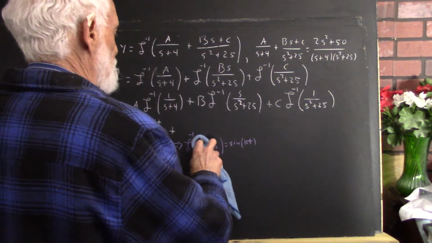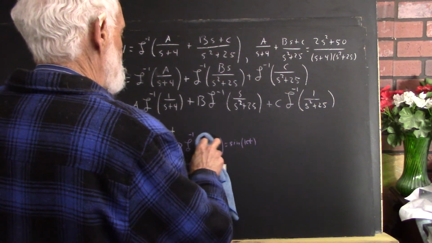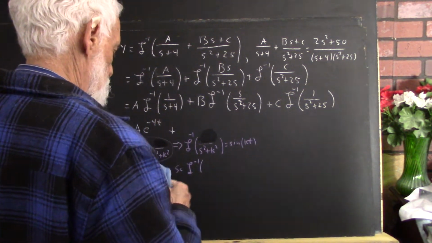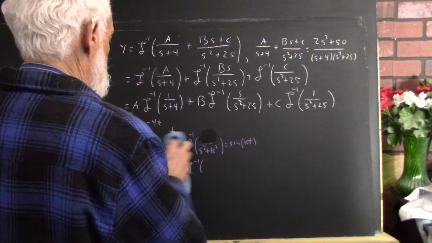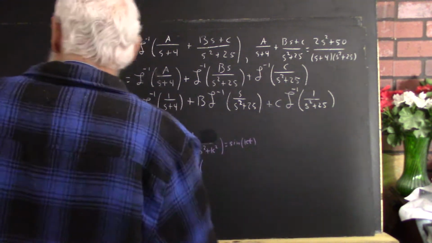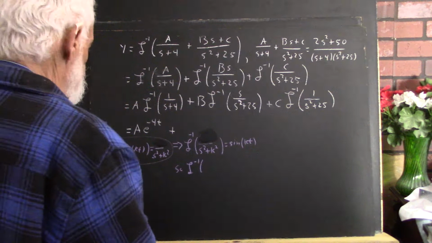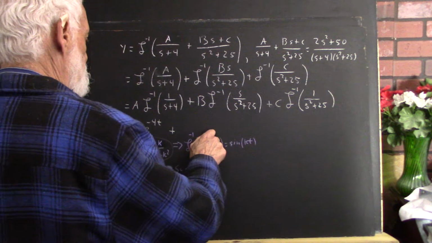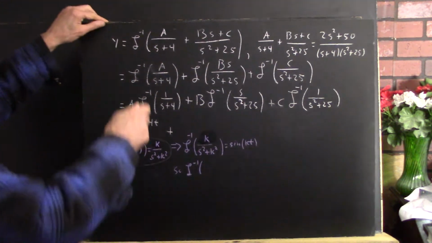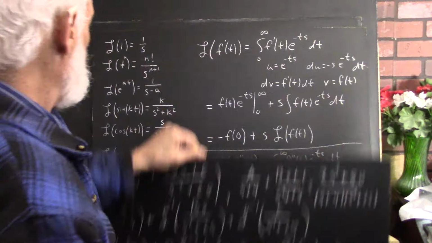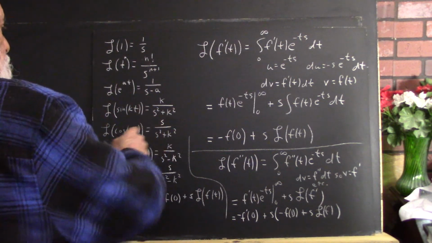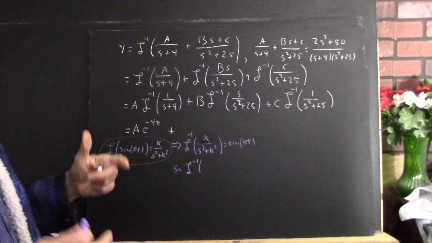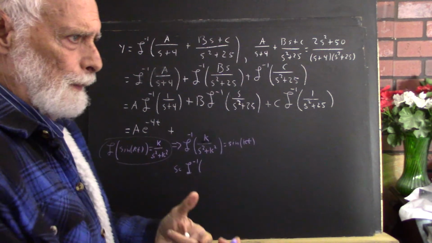I said it right a minute ago, just not keeping my mind clear enough to write it down correctly. Okay, let's see if we've got it right. There we have it. And if it's a cosine, the s goes there, for reasons that are clear if you remember the steps of the derivation.